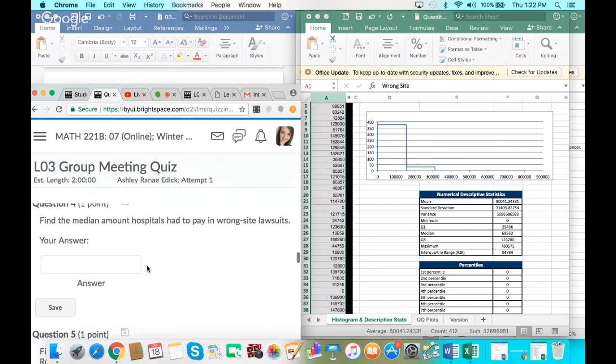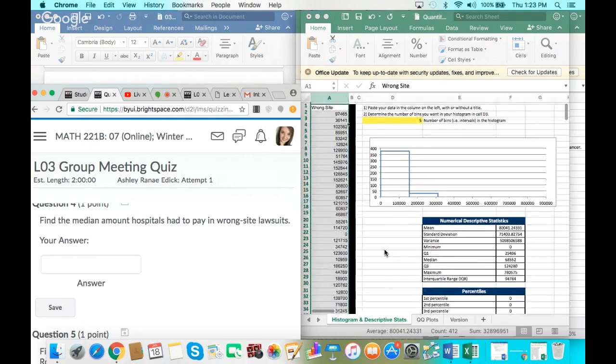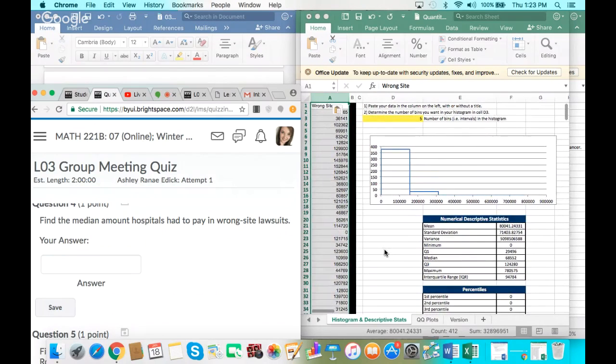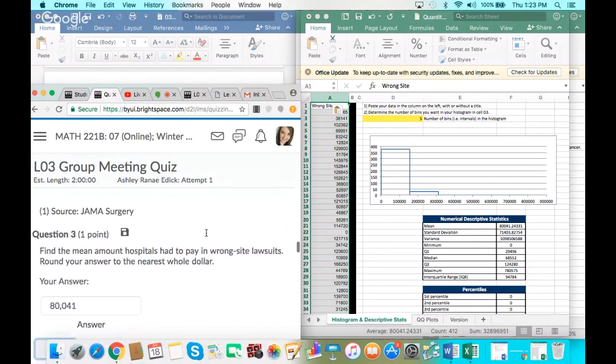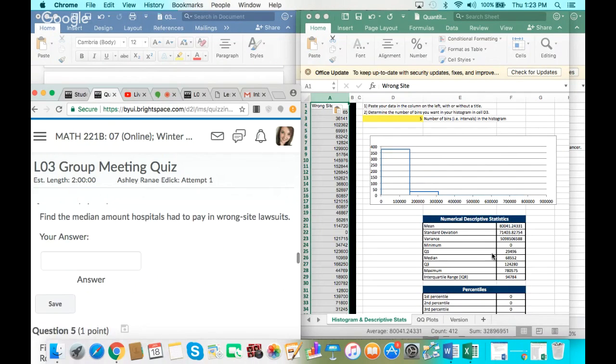Okay. Find the median amount hospitals had to pay in wrong site lawsuits. This is the median. Wrong site. Yep. So the median is 68,552.